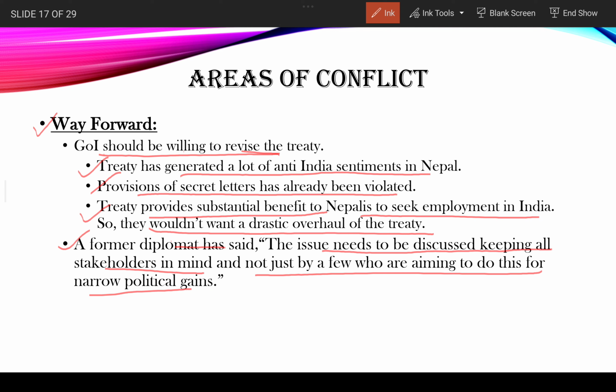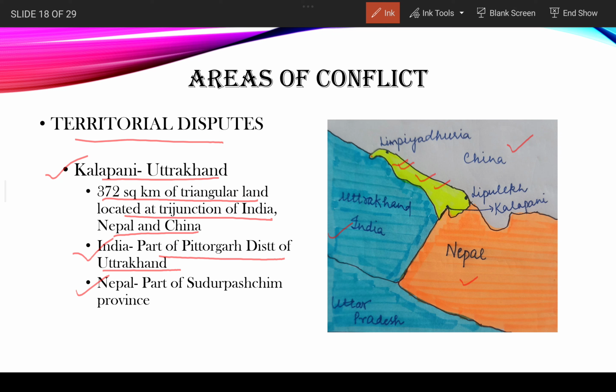This triangular region is the region of Kalapani, which is a dispute between India and Nepal. It's 372 square kilometers of land located at the tri-junction of India, Nepal and China. India considers it part of Pithoragarh district of Uttarakhand, and Nepal considers it part of Sudurpashchim province of Nepal.